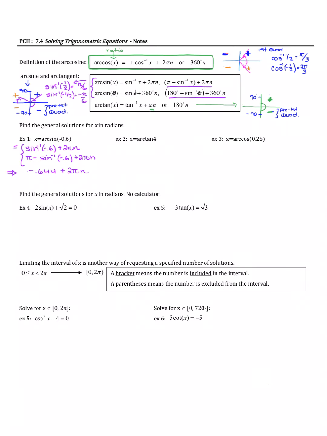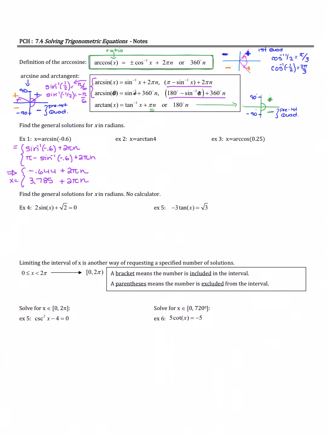And notice that pi minus the negative puts me in the third quadrant. So pi minus second answer, and that is going to give me 3.785 plus 2 pi n. That would be my general solution for the inverse, or for the arcsine.